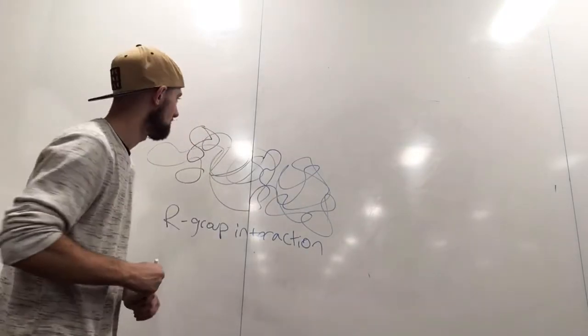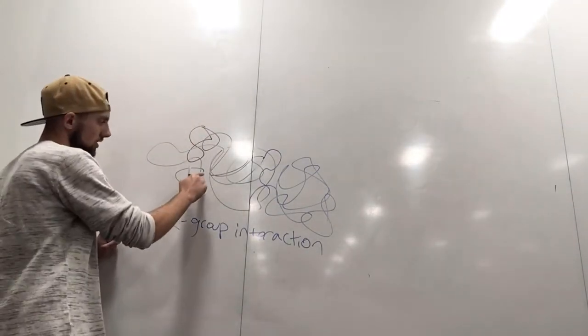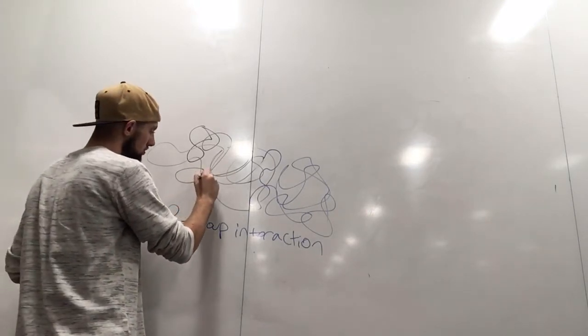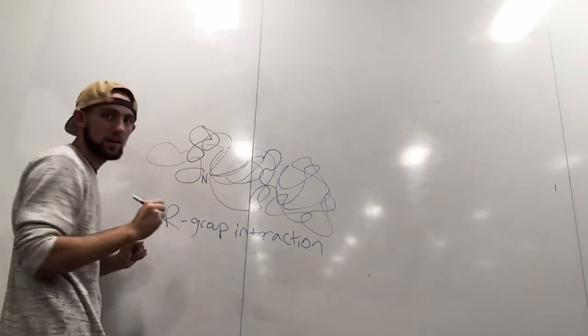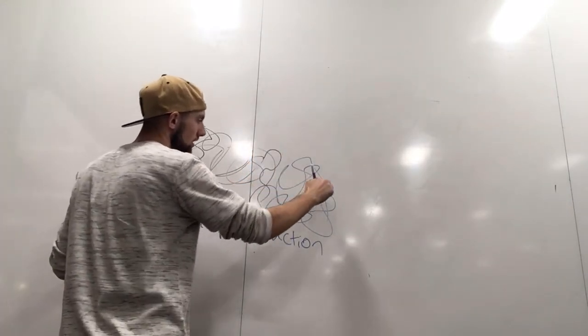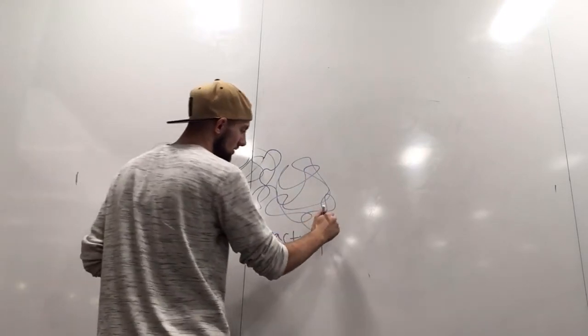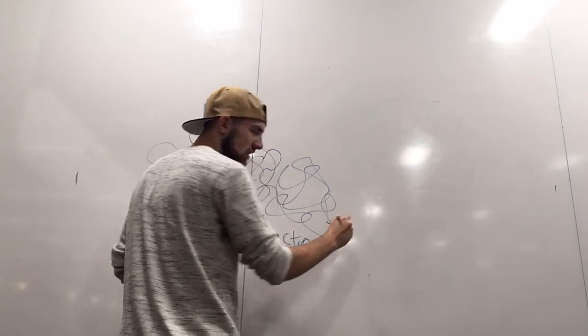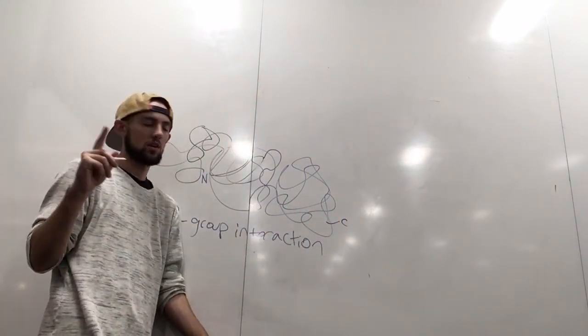One thing to know. Let's say that I have this little beginning. You're going to have an N terminus, and let's say I've got the finale of this right here. This is going to be the C terminus.